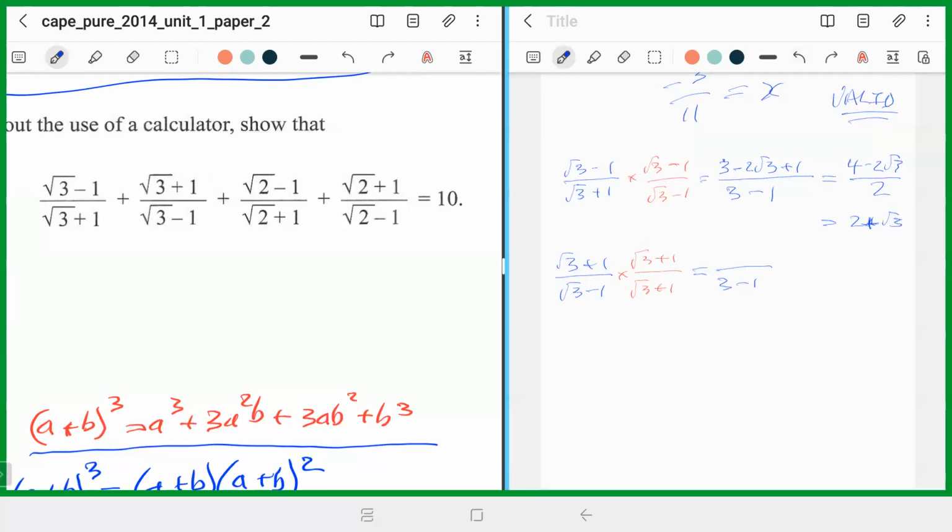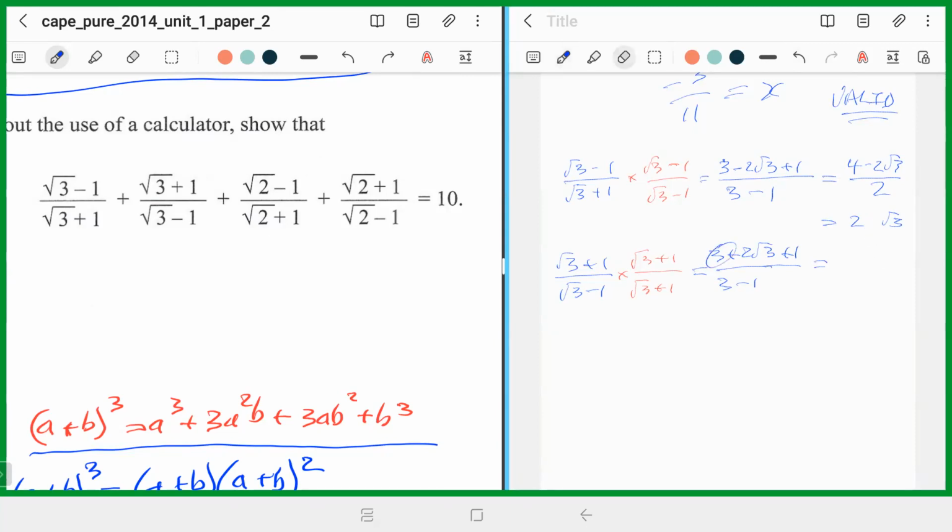So we're going to have 3 plus 2 root 3 plus 1. So the only difference is that this becomes a plus. No, sorry, this is supposed to be a minus. My mistake.